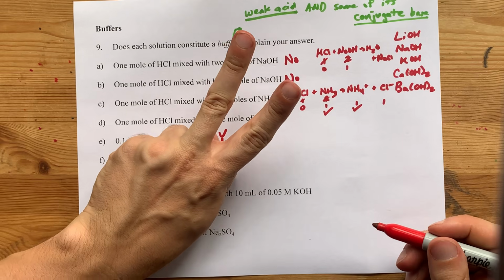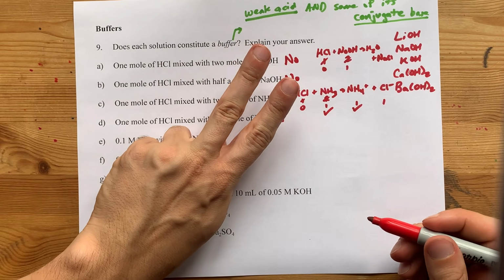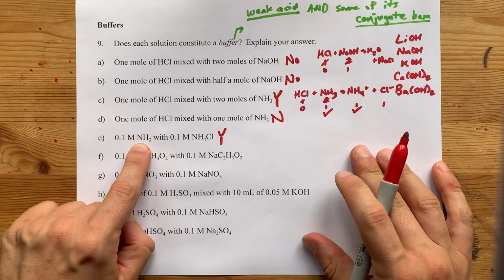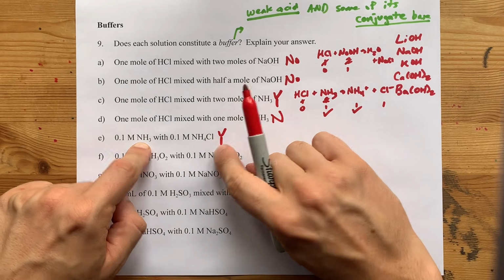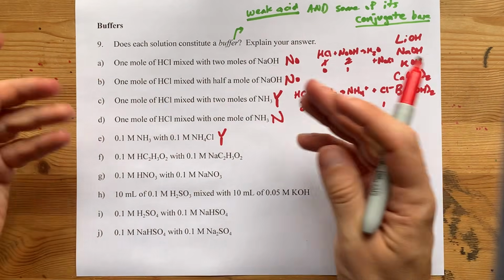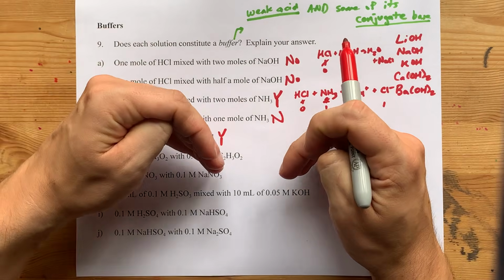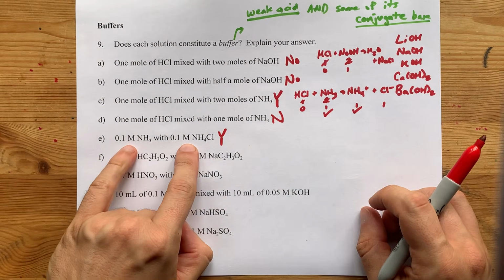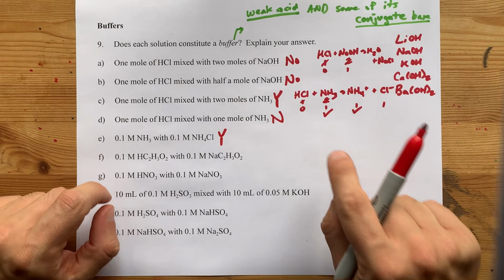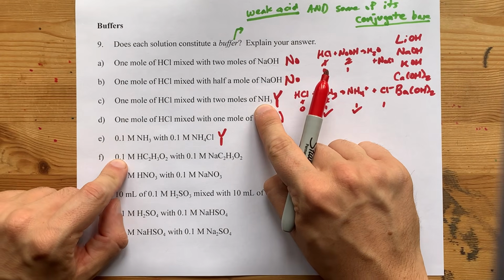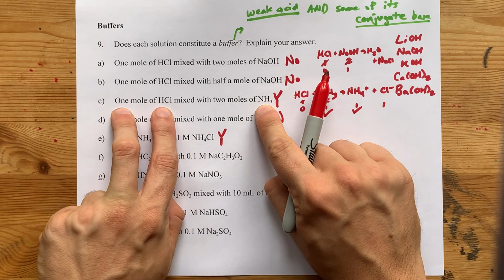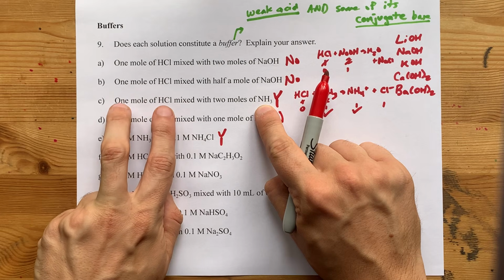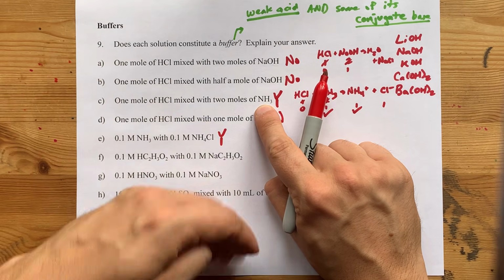There's generally 2 ways to make buffers, by the way. You can either add base and conjugate acid, or acid and conjugate base both directly to a solution, like we're doing here, or you can start with a weak base or acid and create some of its conjugate by forcefully reacting it with something else in solution.